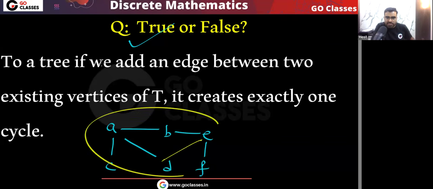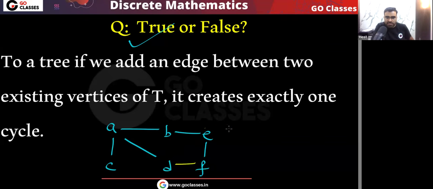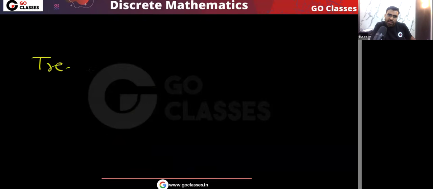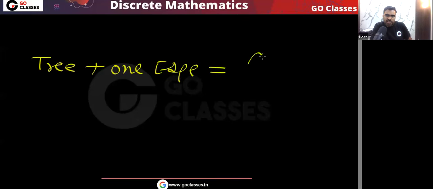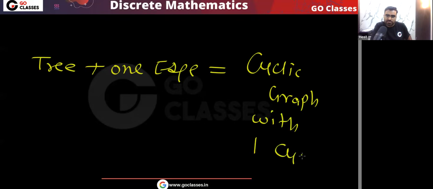So in a tree, if you add one edge, the result will be a cyclic graph with exactly one cycle.